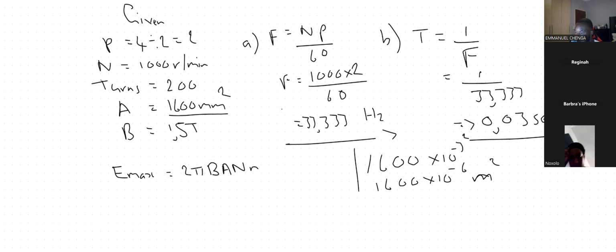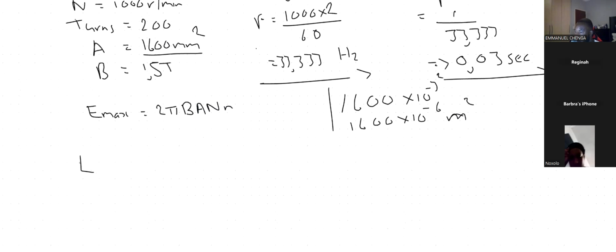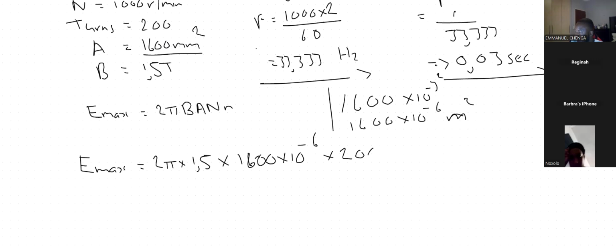Okay, I think we can find our Emax. Let me just put the values here. It's 2 pi times the density of 1,5 times the area, which is 1,600 times 10 to the power negative 6, multiplied by 200, and then multiplied by the speed, which we said is 1,000 divided by 60.